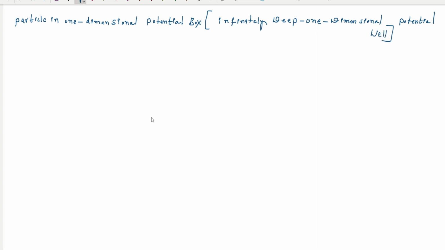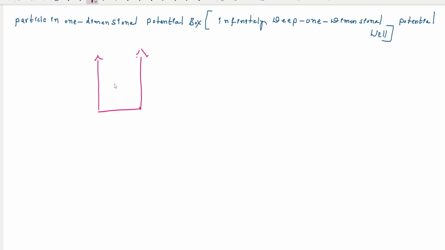Here I'm going to consider one potential box like this. This is a potential box or potential well.